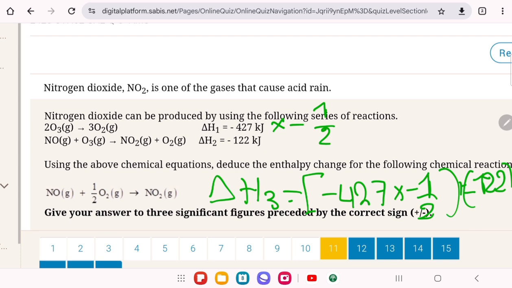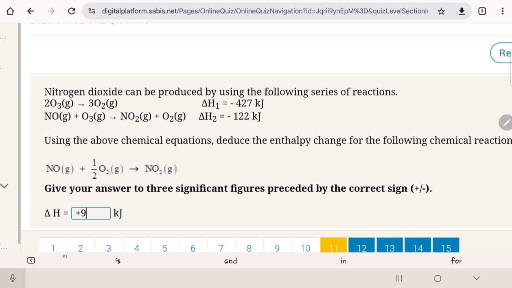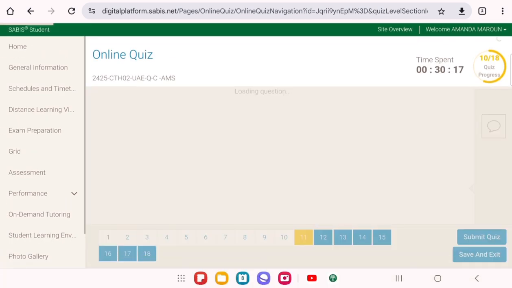So minus 427 times minus 1/2, plus minus 122, we are going to get 91.5, and don't forget the plus. So our answer is positive 91.5. Question number 12.